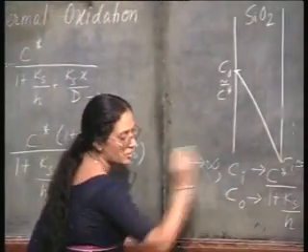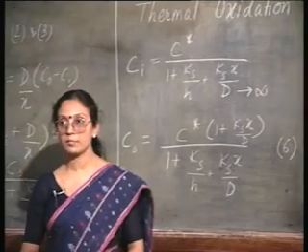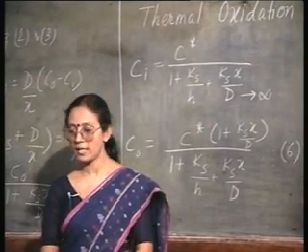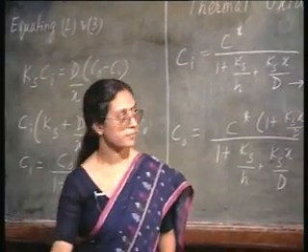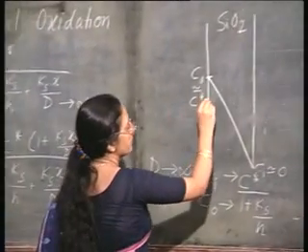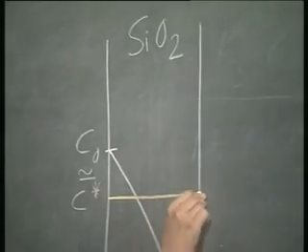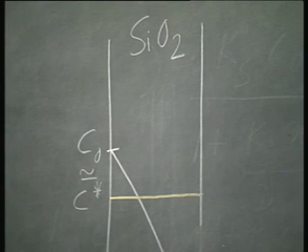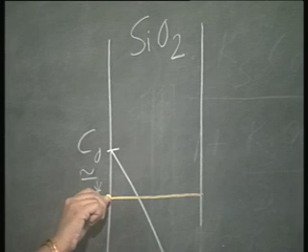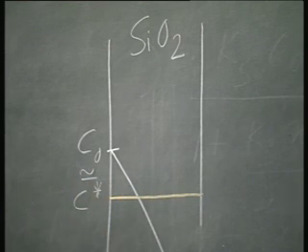C naught is also the same thing, C star divided by 1 plus Ks by H. In other words, there is no difference between the concentration of oxidizing species from the outer surface to the inner surface.